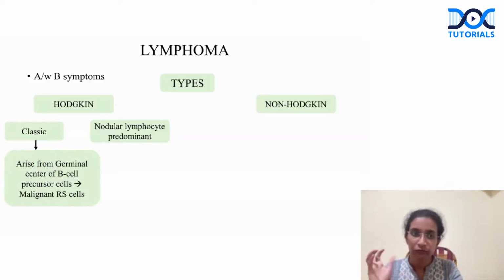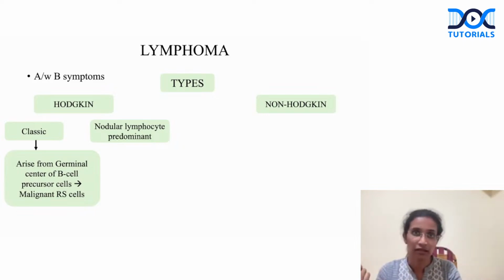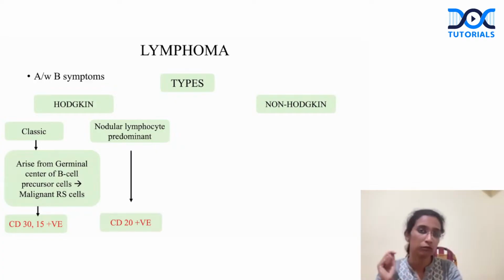They arise from the germinal center B cell precursor cells, and then it might transform into malignant Reed-Sternberg cells and other Hodgkin cells. It stains positive for CD30 and CD15, whereas CD30 and CD15 are negative for the nodular lymphocyte predominant type, but instead CD20 is positive.